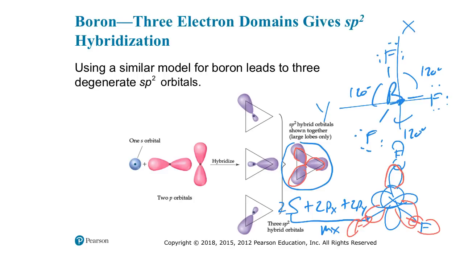So if we have three substituents, no lone pairs, trigonal planar geometry, then we need 1, 2, 3 hybrid orbitals, and we get there by taking 1, 2, 3 atomic orbitals on boron, mixing them together, hybridizing them within this model for sp2 bonding. So we look at boron here and recognize that the boron atom would be sp2 hybridized, and then we'd have one more p orbital leftover, that pz sticking straight out of the page. We'd have this orbital here that would be one unfilled orbital.